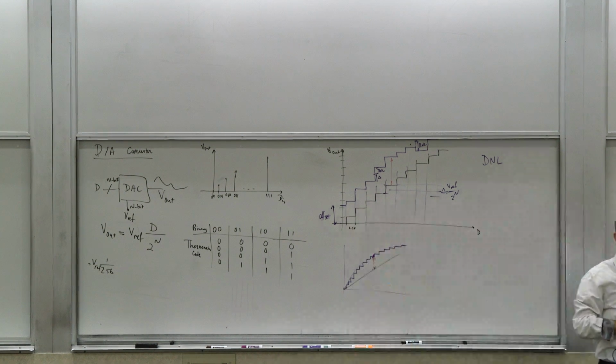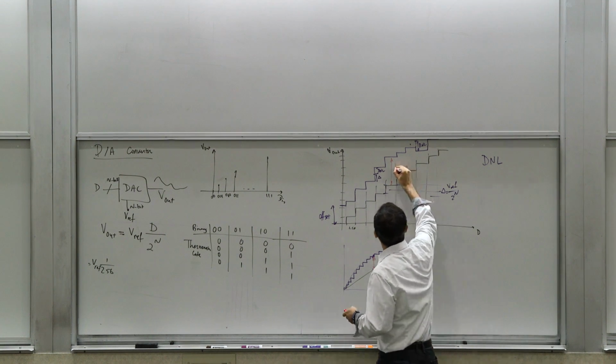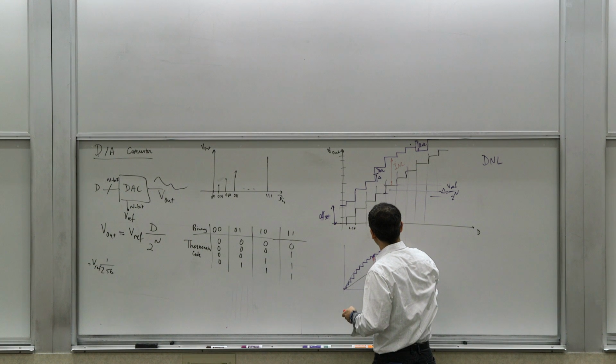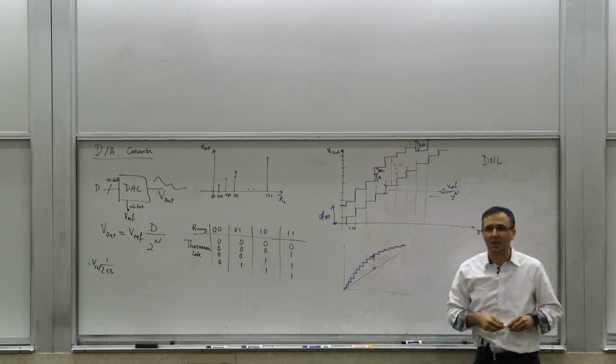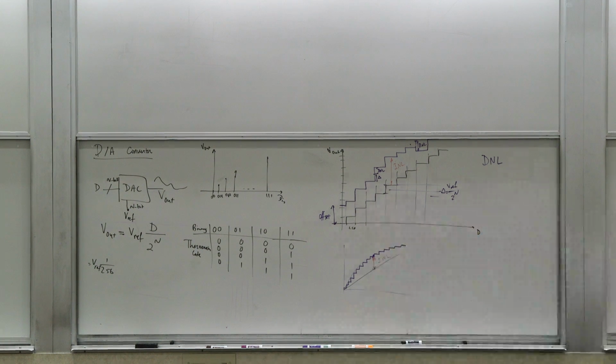Now, if the other one is the differential nonlinearity, what do you think we should call this one? Integral nonlinearity, right? So this is called INL, integral nonlinearity. They capture different things. One captures local deviations, the maximum local errors you can expect.